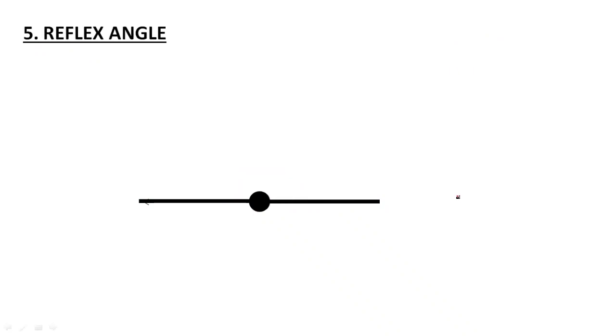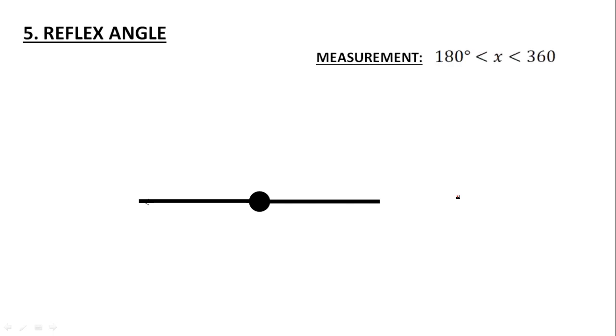So next is the reflex angle. The measurement should be between 180 degrees and 360 degrees. It should be more than 180 and less than 360. So here also 180 degrees is not included and 360 is also not included.